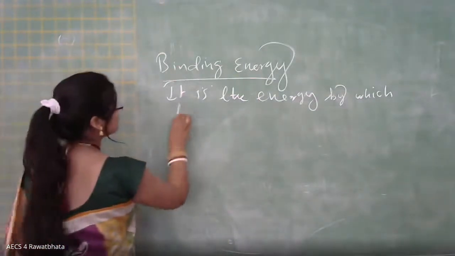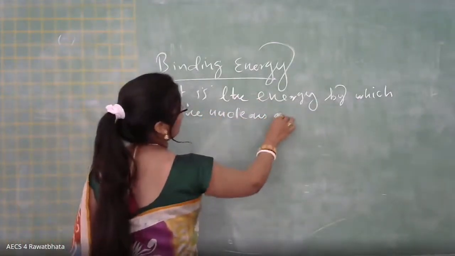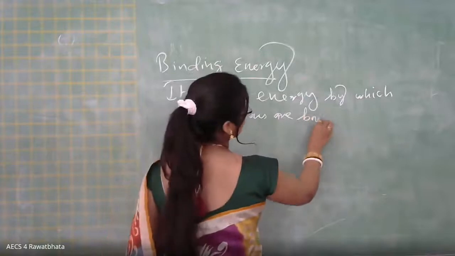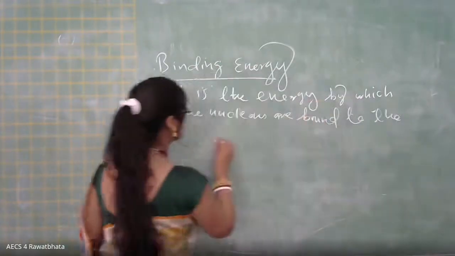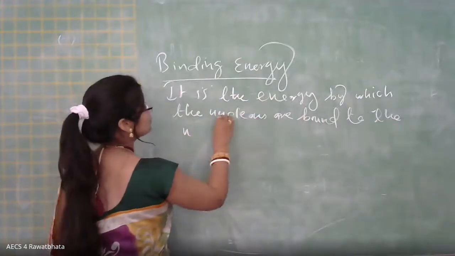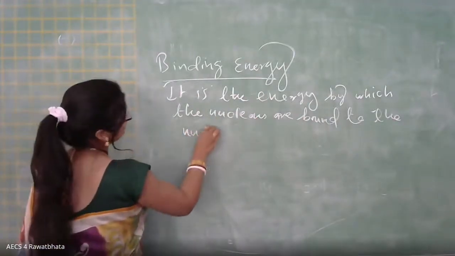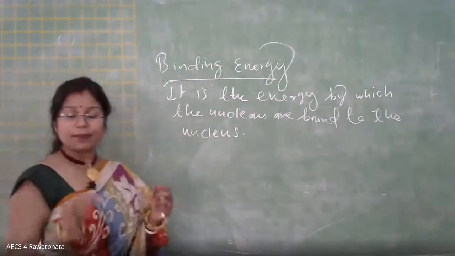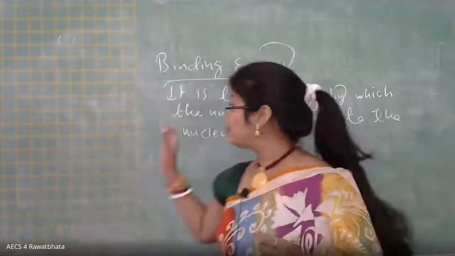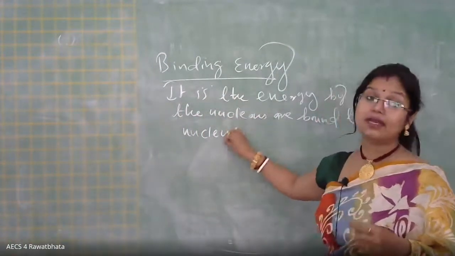This energy, with which the protons and neutrons together are bound to the nucleus, is known as binding energy. The basic purpose is that this energy is required for the nucleon to be present inside the nucleus.